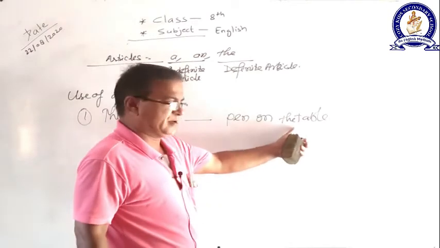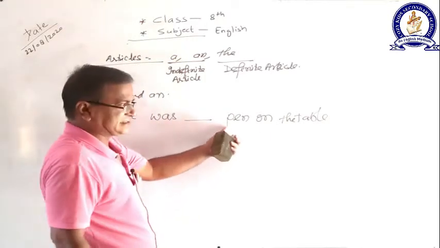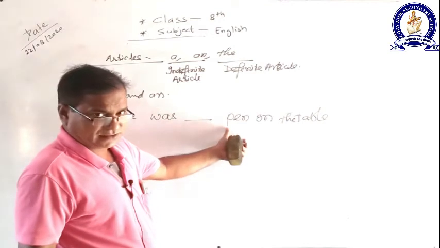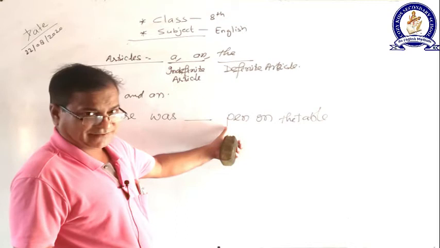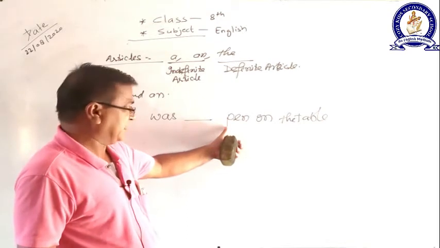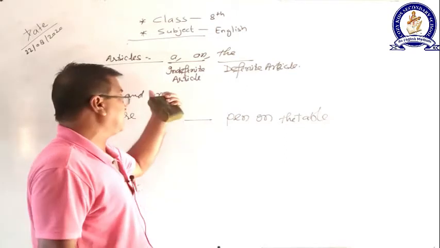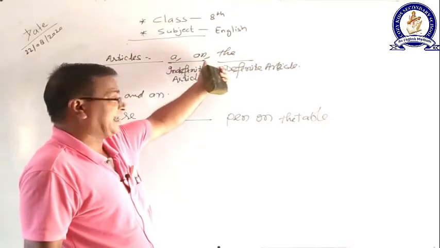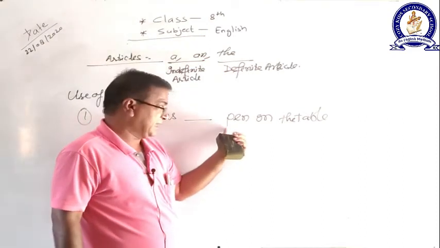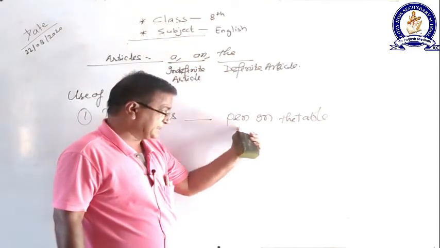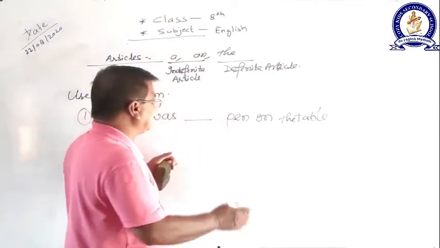Pen starts with a consonant. Mind it, it doesn't matter how the word is written. The use of a or an depends on the pronunciation of that particular word. If it is pronounced with a consonant sound, then only a will be applicable.